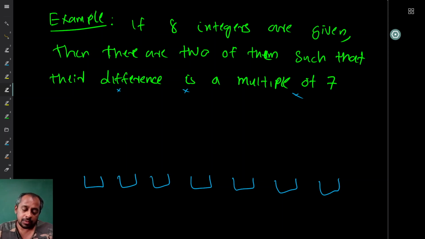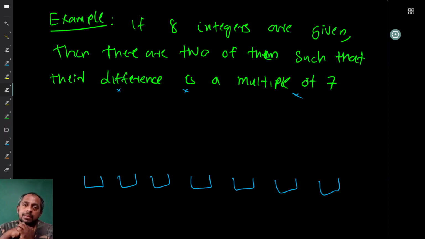So how do we go about solving this question, right? So the first thing that you observe here is that you need to show that something is a multiple of 7, right? So basically what you are talking about is divisibility, divisibility by 7.